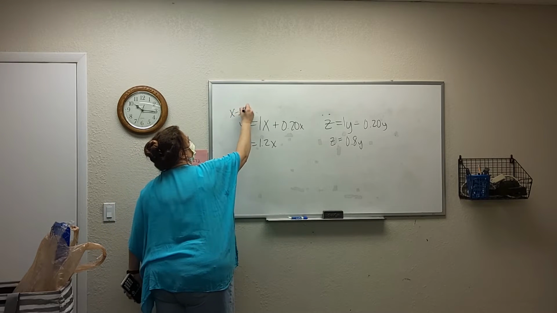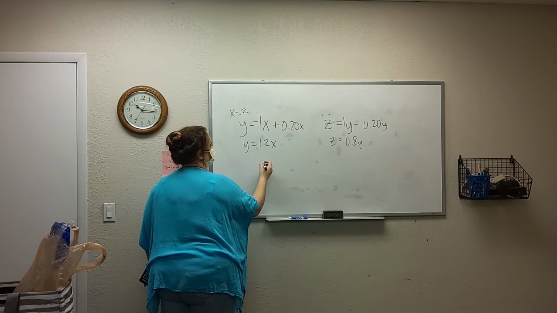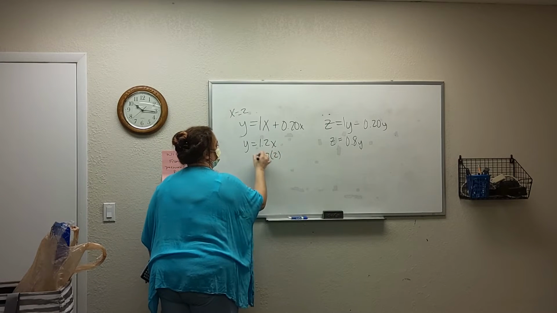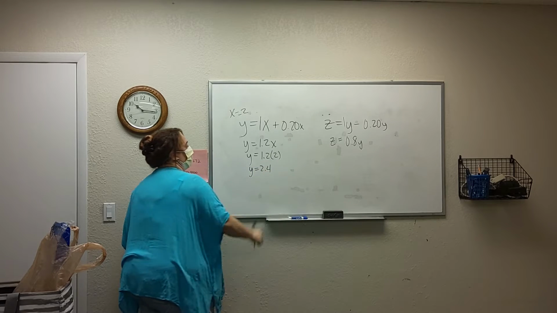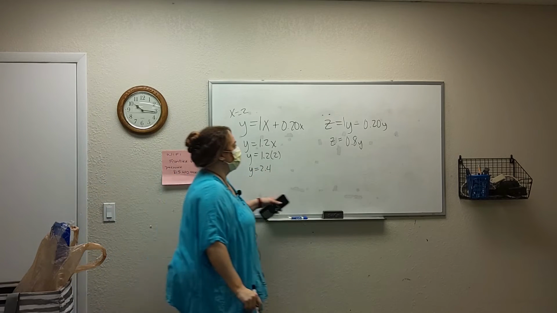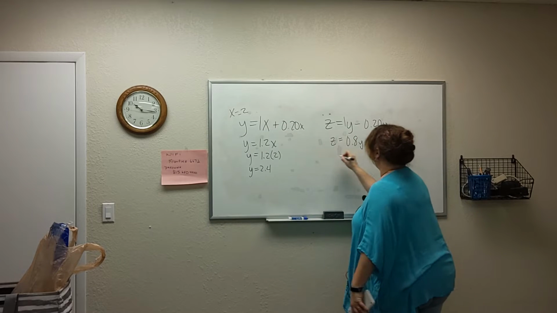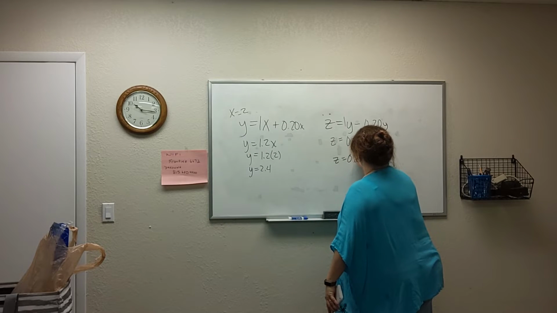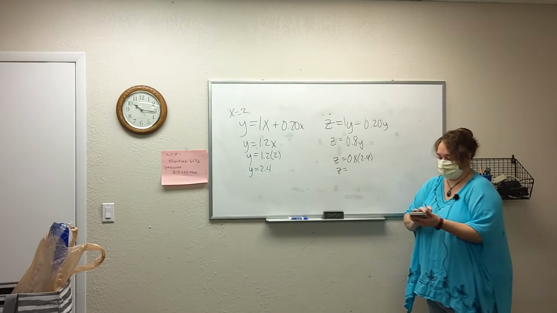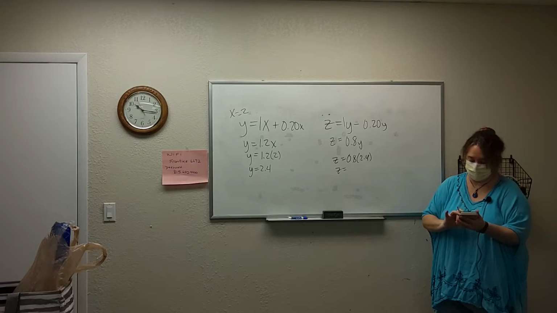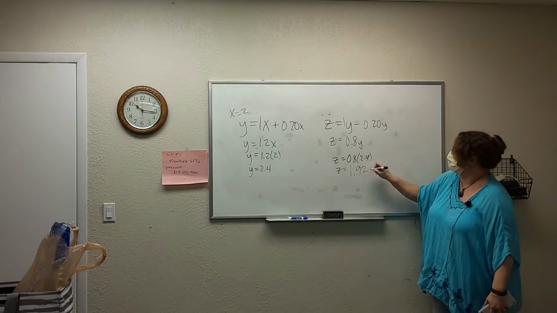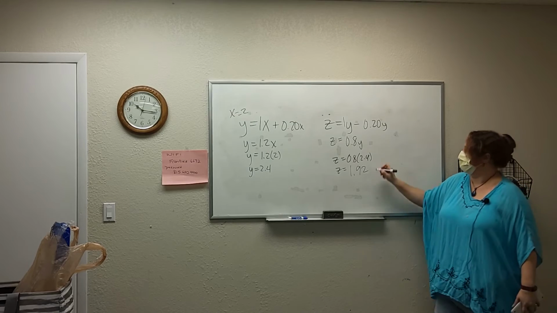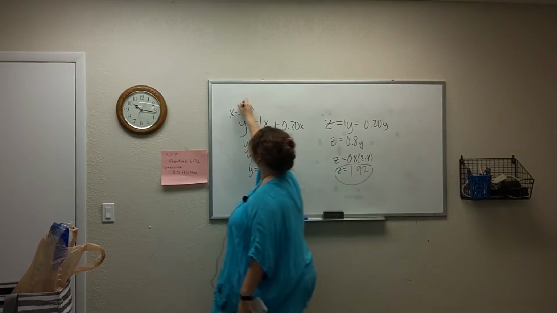I like little numbers. If x is 2, this is going to be 1.2 times 2, and that's going to give me y. So 1.2 times 2 is 2.4. So y is 2.4. If y is 2.4, plug that in here. 0.8 times 2.4 is not something I can do mentally. It is 1.92. So I've got z, I've got x.